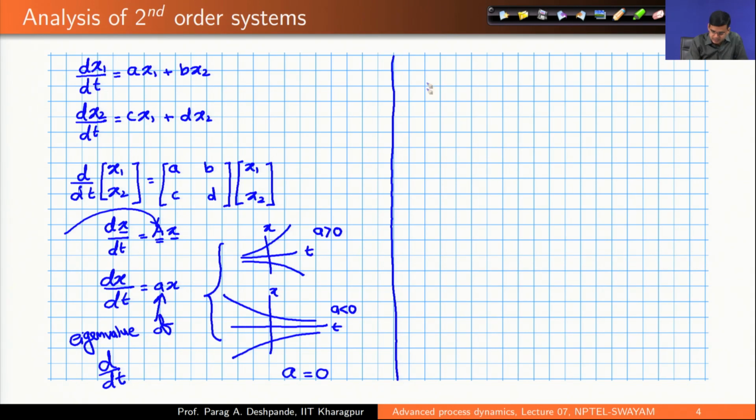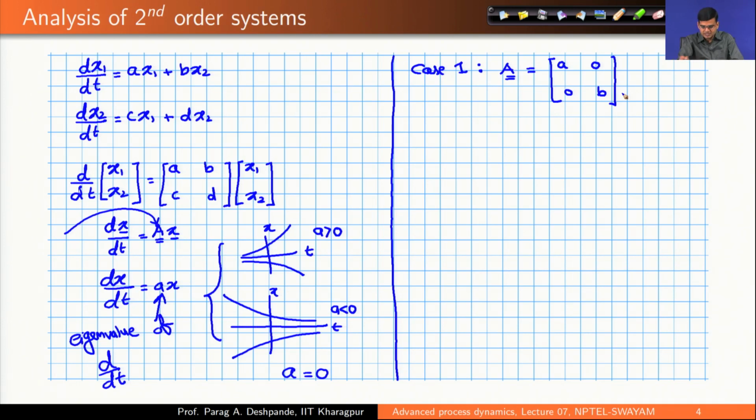So, I have case 1 where my matrix is of the form A 0 0 b. Suppose you have a dynamical system which can be modeled such that the matrix A is nothing but A 0 0 b.